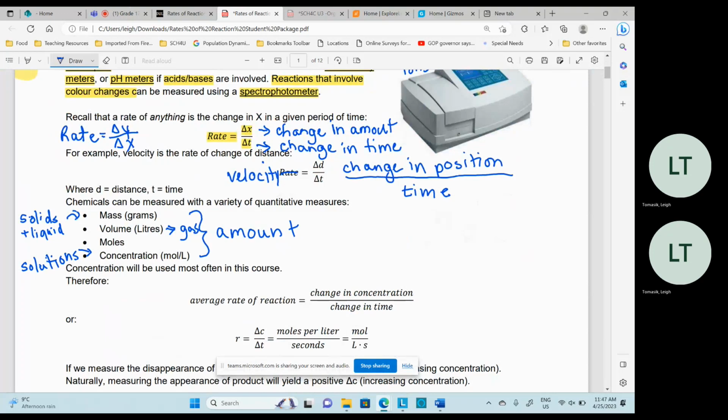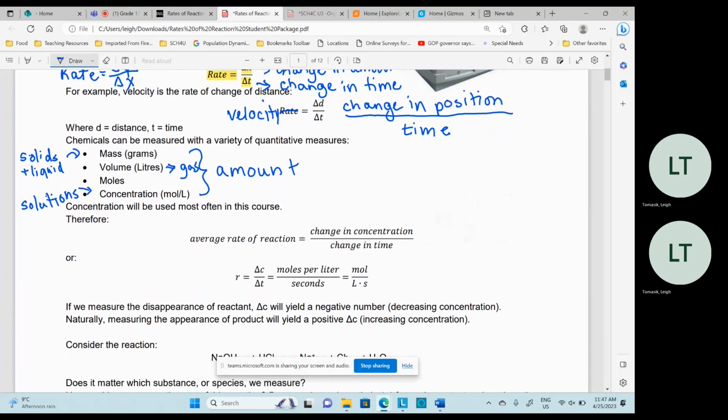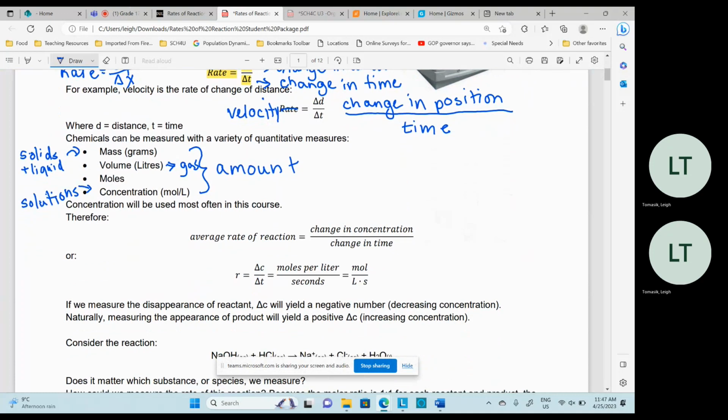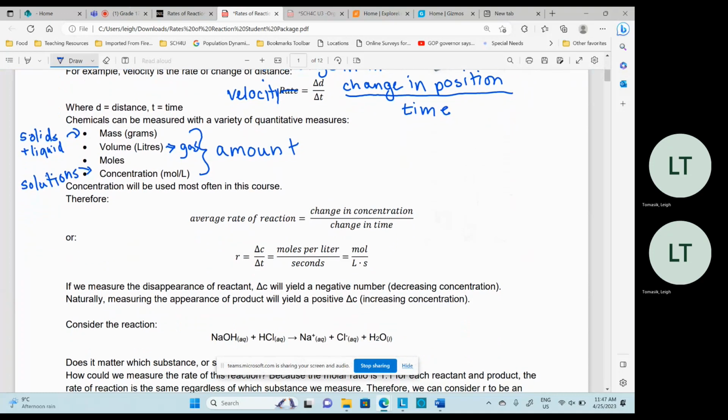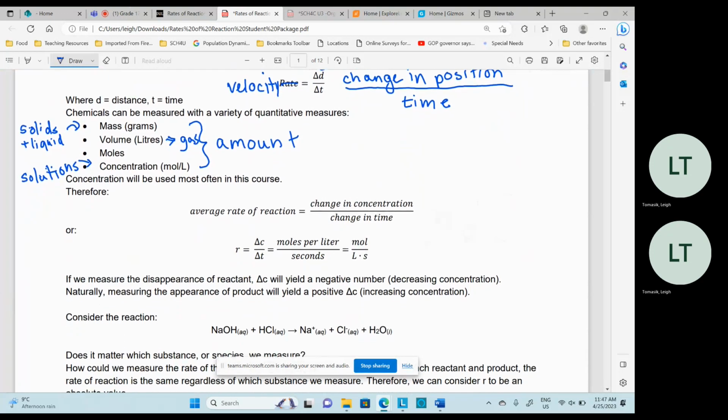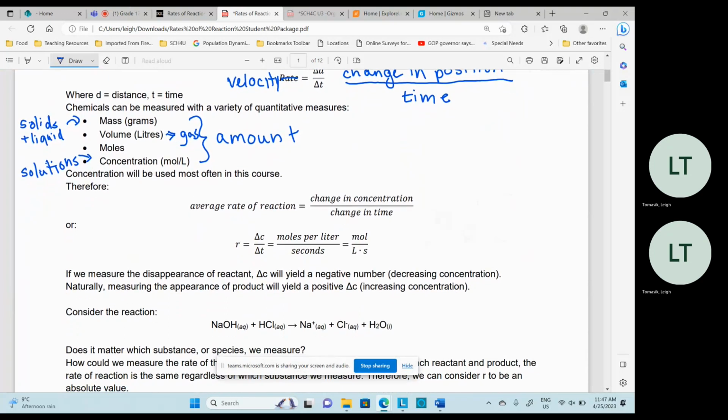Concentration will be used most often in the course, so we're going to talk mostly about reactions that happen between solutions. Therefore, the average rate of a reaction is the change in concentration over the change in time. Could it also be the change in grams over the change in time? Sure. Could it also be the change in volume over the change in time? Sure. But for this course we're using mainly solutions, so it's going to be the change in concentration over the change in time.